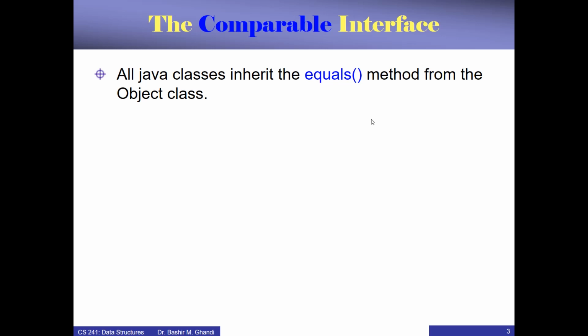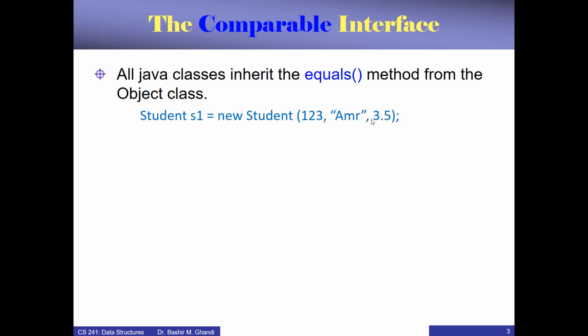Therefore, any class that you write as a user automatically inherits this method. However, the way the equals method is defined in the Object class is such that it compares two objects based on their memory location, which is usually not very useful for us.